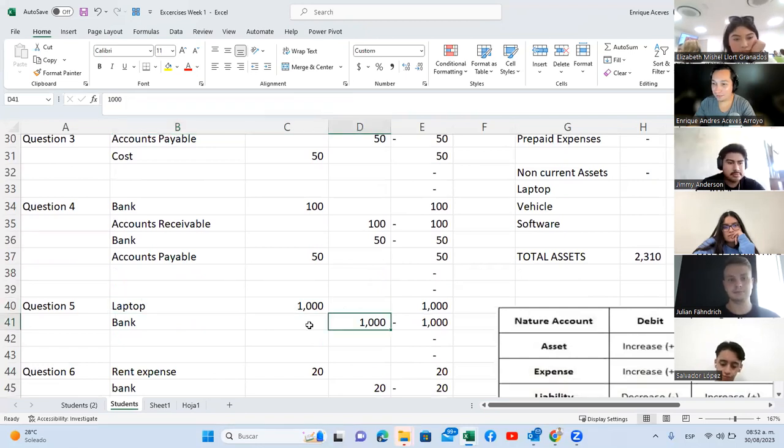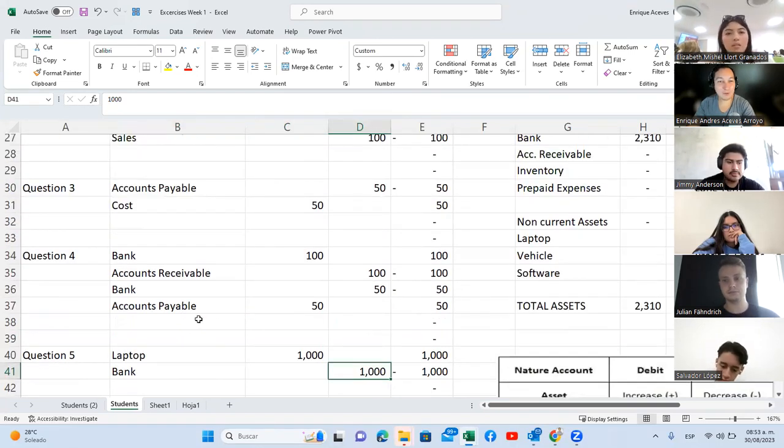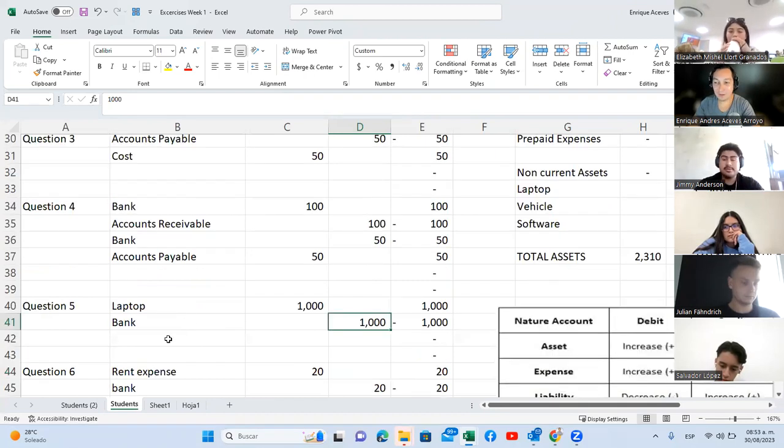Laptop and bank. Okay? But I did tell you. I told you first computer equipment and then the credit to bank. Oh, sorry, I didn't hear that. In the other class, we added the depreciation. Erase that depreciation, guys, please. Let's keep to the example, to the exercises, okay?